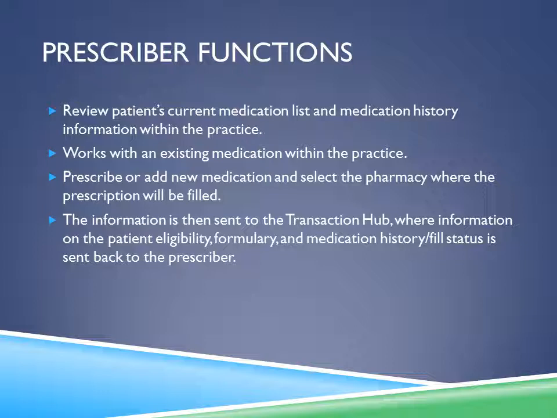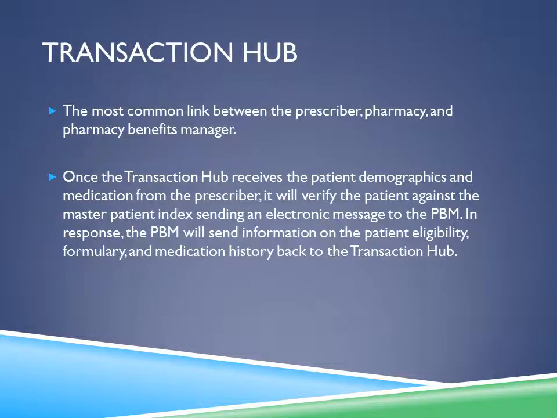And after all this, the information is then sent to the transaction hub, where information on the patient eligibility, formulary, and medication history or fill status is sent back to the prescriber. Transaction hub. The transaction hub is the most common link between the prescriber, pharmacy, and pharmacy benefits manager, PBM.